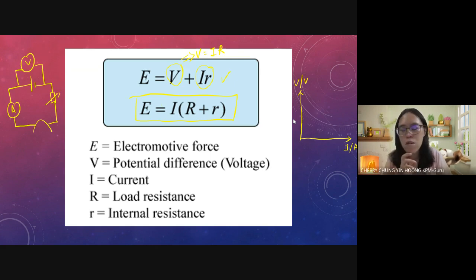Based on the circuit here that I draw here, when the current in the circuit increases, what happened to the voltmeter reading? Increase or decrease?